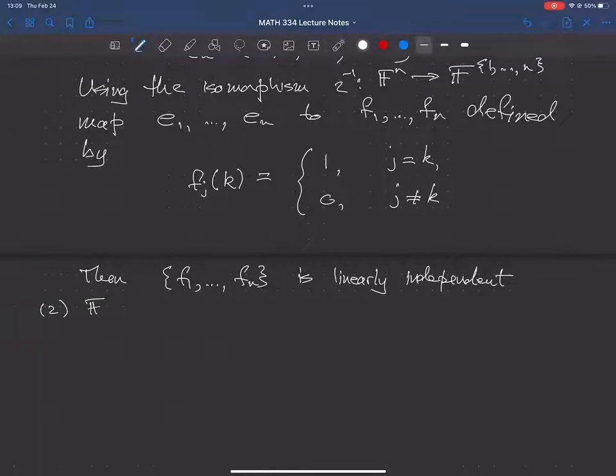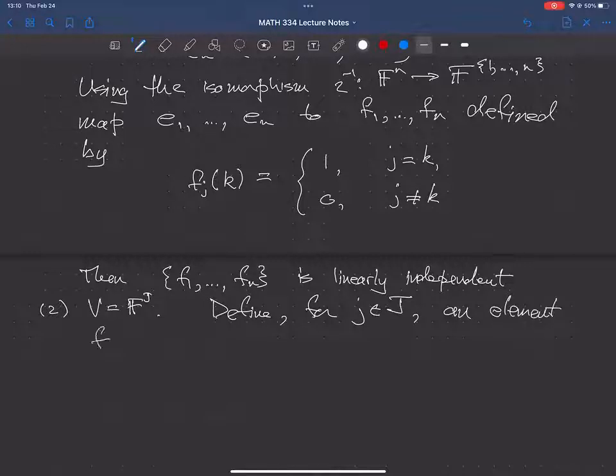Let's look at F to the J. So V is F to the J. Let's define, for j in J, and I'm going to call it fj, rather like I did here, because it's going to be the analog of what I did in this example.